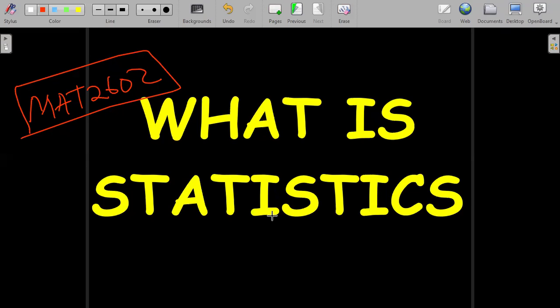There are two types of statistics. The first is descriptive, which deals with simplifying and giving properties of the data. The other is inferential statistics, which helps you make decisions based on the what?